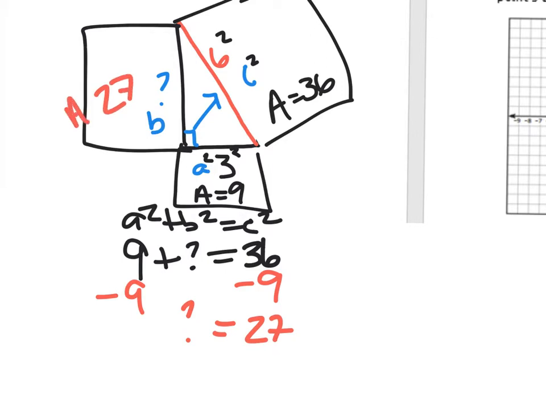So the area is 27, but it's not asking us what the area is. It's asking us what this side length is. So when I have the area, we're going to take the square root in order to find the side length. So we type that into our calculator, square root of 27, and we get 5.196152. So when I round that, it's 5.20.